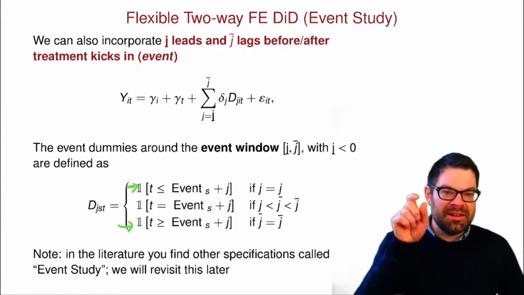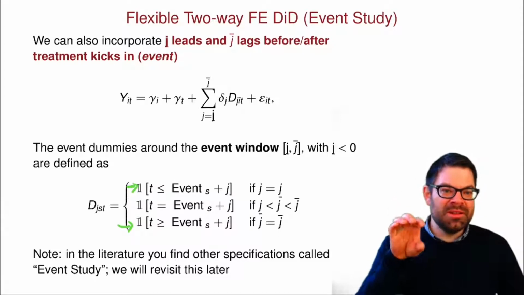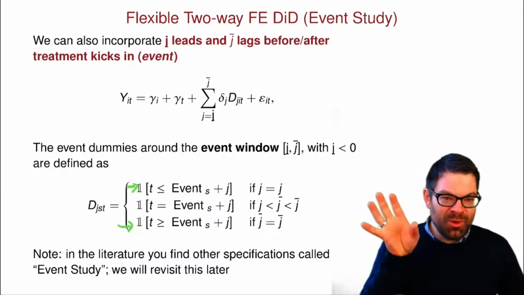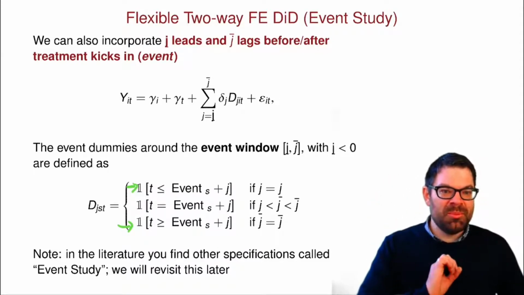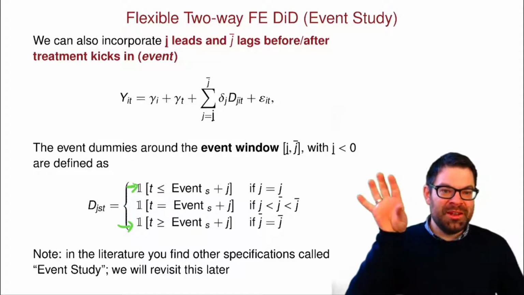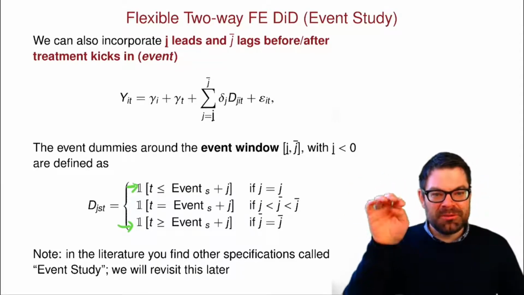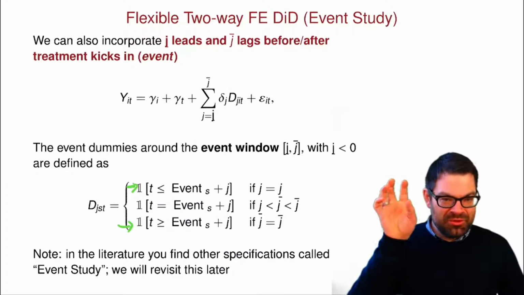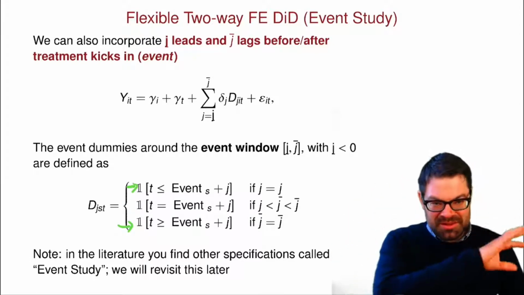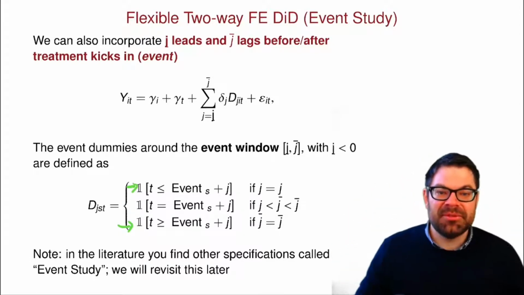So you have a dummy that is 1 if you observe the unit in -1, so 1 period before treatment. You have another dummy that is 1 if you observe that particular unit 2 periods before treatment, and then the same for the lags as in after treatment.